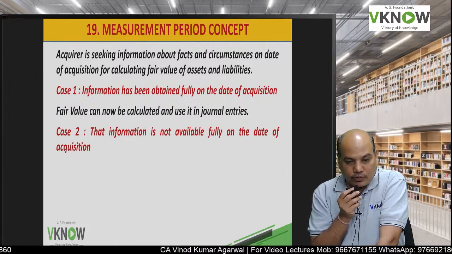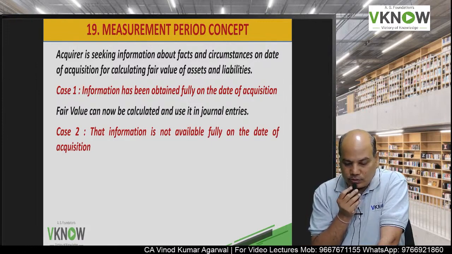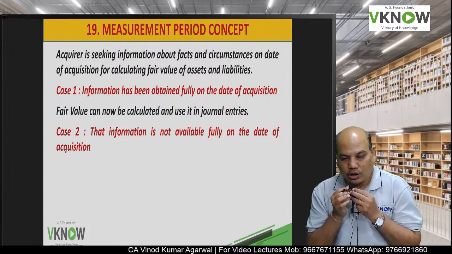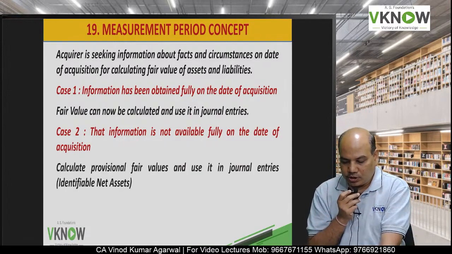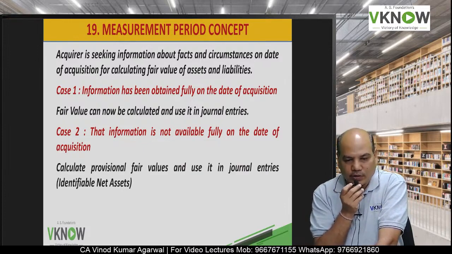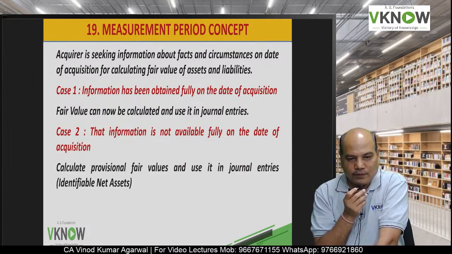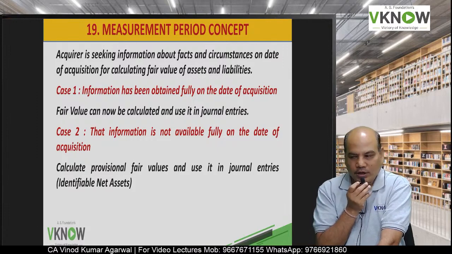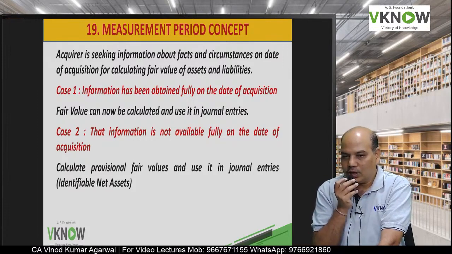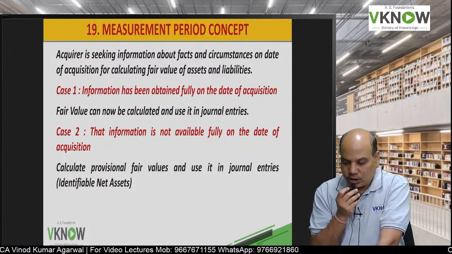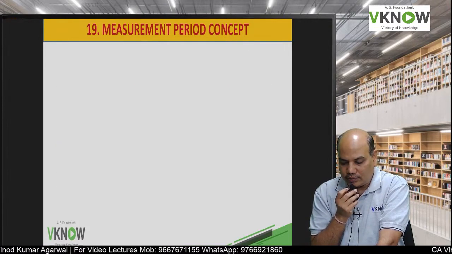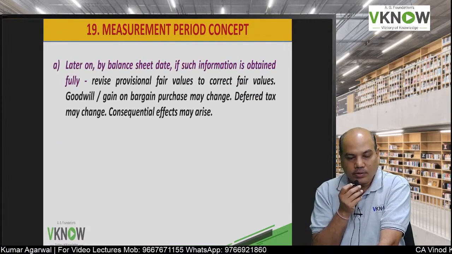But for a theoretical question, they can ask you that fair value is not available on the date of acquisition. Information is not available on the date of acquisition. We can't calculate fair value for every item on the date of acquisition. Then the standard says you can use provisional fair value and use it in the journal entry. So use provisional figure.